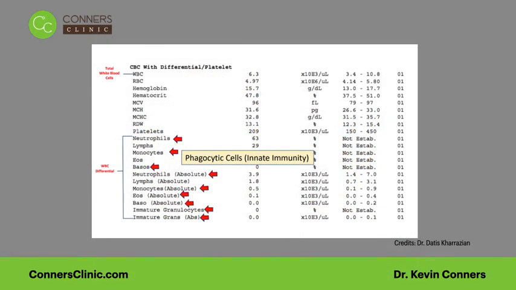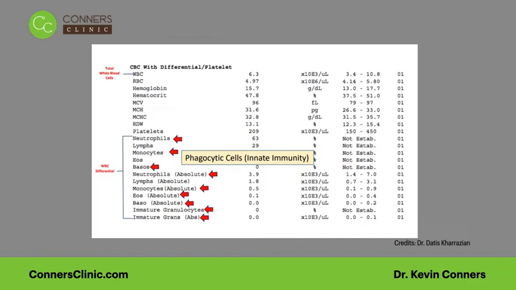When we look at a white blood cell panel, this is typically what you're going to see. This is a CBC with differential. You've got white blood cells, your total white blood cells, on the top. Then you've got red blood cells, hemoglobin, hematocrit. Let's go down to the white blood cell separation. You've got neutrophils, monocytes, eosinophils, basophils, and then the absolute counts.